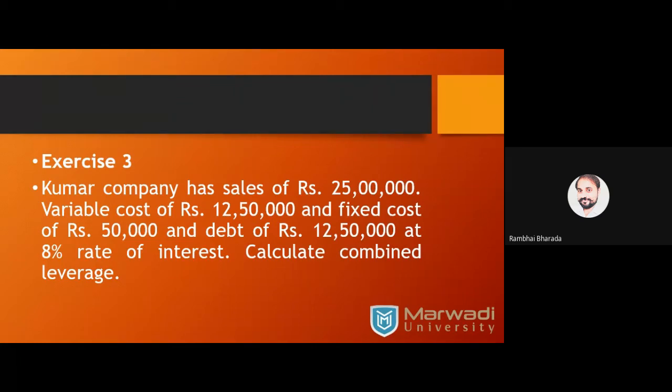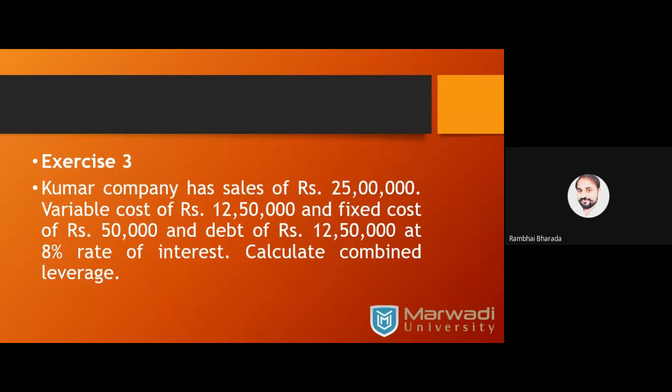Kumar company has sales of rupees 25 lakh, variable cost of rupees 12 lakh 50,000 and fixed cost of rupees 50,000, and debt of rupees 12 lakh 50,000 at 8% rate of interest. Calculate combined leverage.